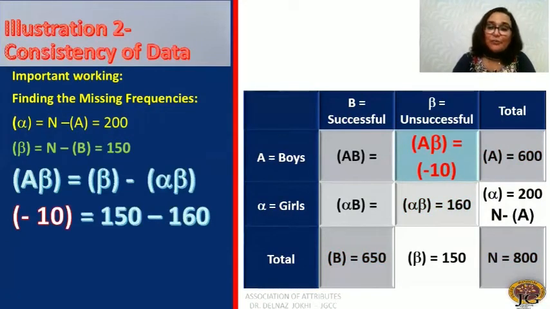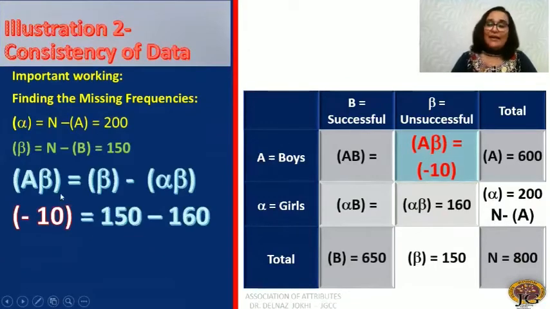I told you, from the outside total you have to subtract the inside total. Look at the screen over here. 150 is beta, minus 160 is alpha beta. What do you get on your calculator? 150 minus 160 will give you minus 10. Look at this rough calculation work over here.